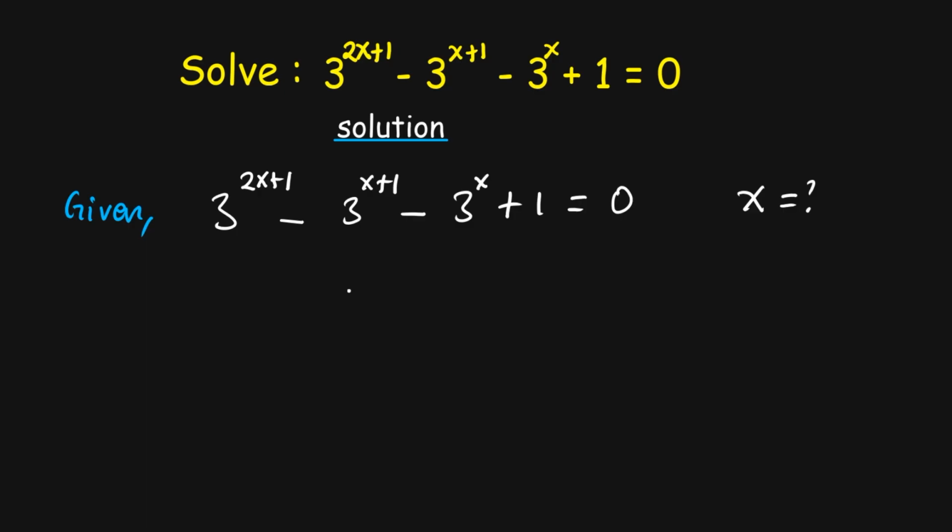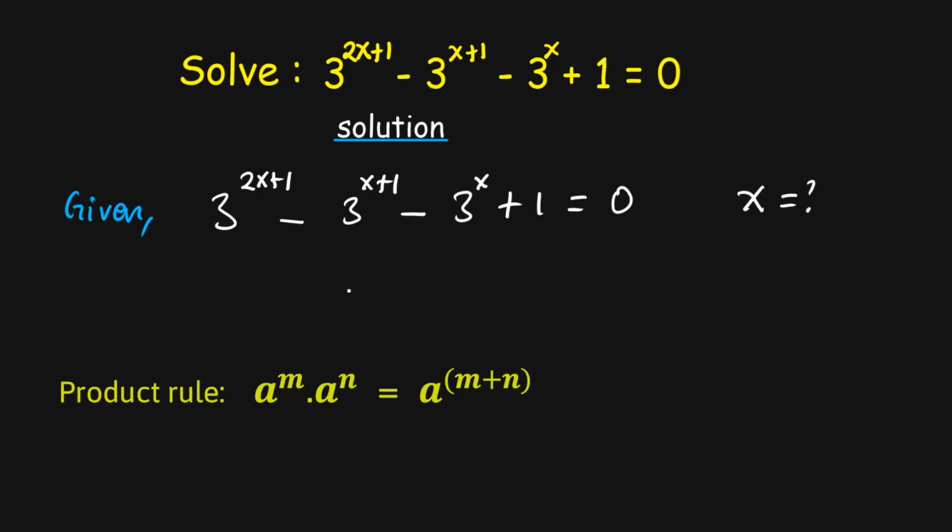This equation looks complicated because of its exponents. But on close analysis, we see a recurring term 3^x. To begin with, using the fundamental laws of indices, we must express every term in its simplest form.